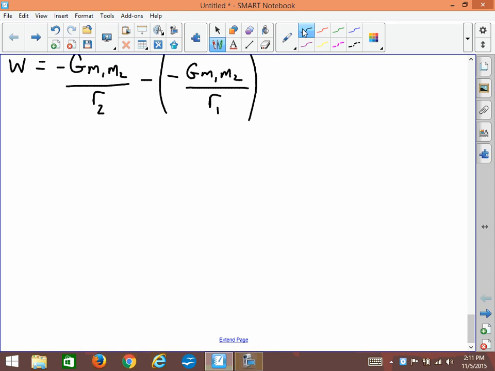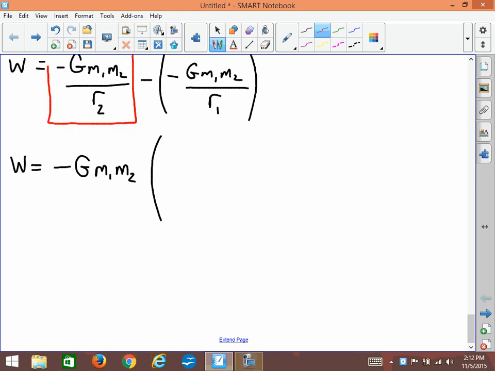Before I do some math, to make it easier, because we're using big numbers with scientific notation, I'm going to factor out some stuff here. I'm going to factor out minus G M1 M2 out of both of the terms in this equation. When I factor that out of this first term right here, I'll be left with a 1 on the top and an R2 on the bottom.